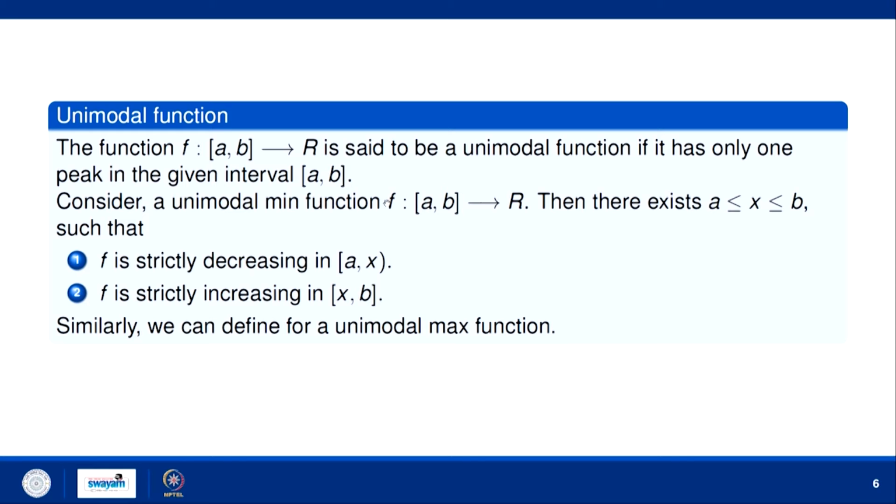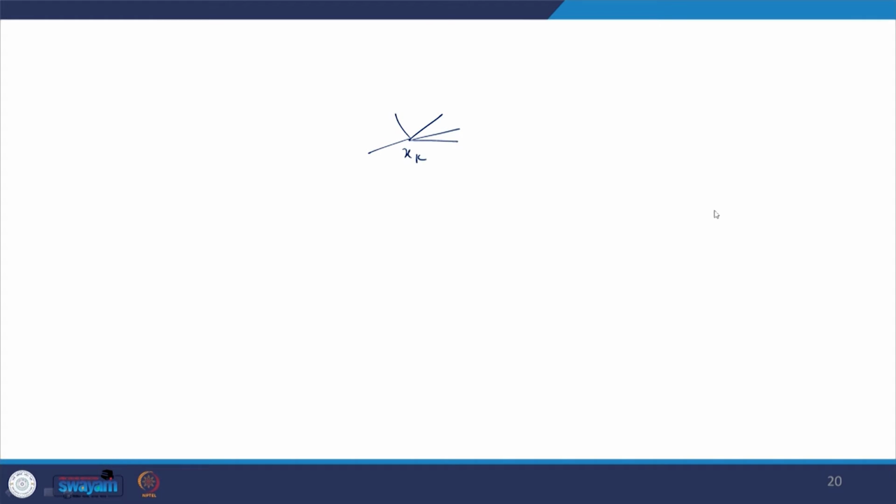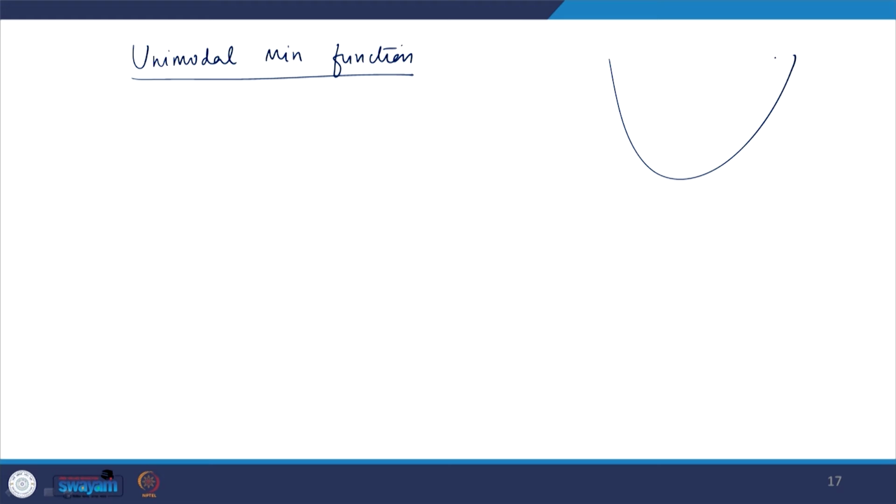Let us suppose you have a unimodal minimum function f from [a, b] to R. Then there exists an x between a and b such that, if you draw it, it may be of this type, with only one peak. So it is a unimodal minimum function.